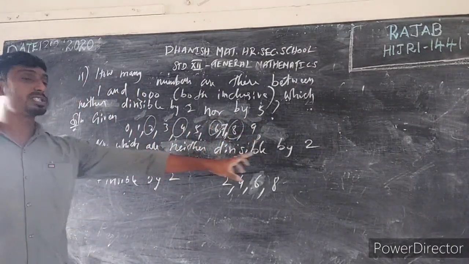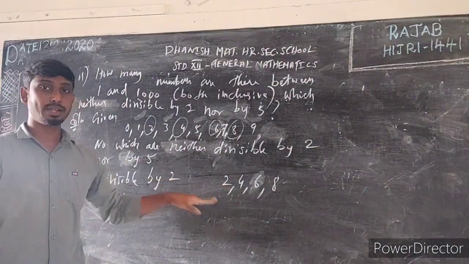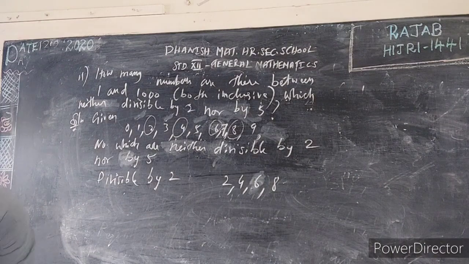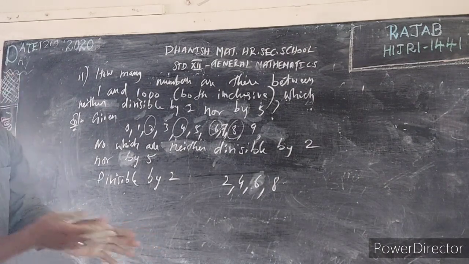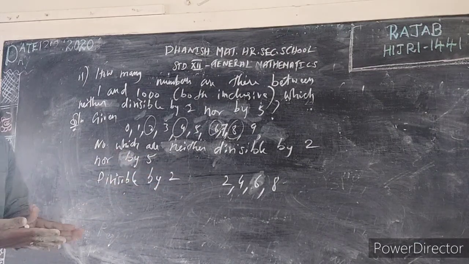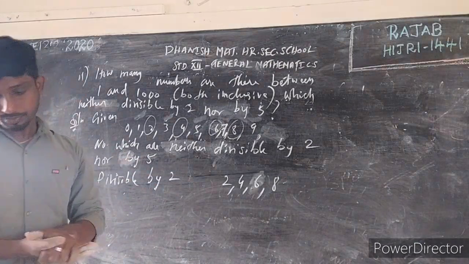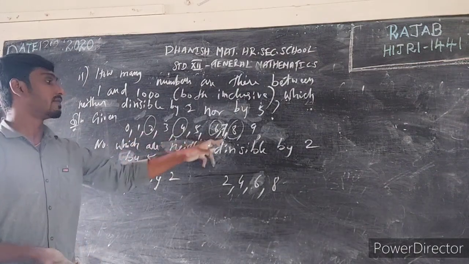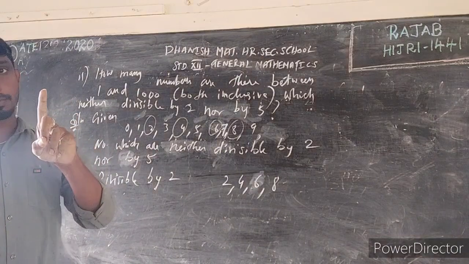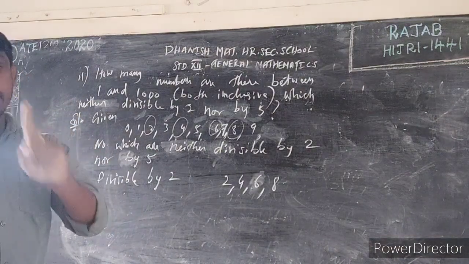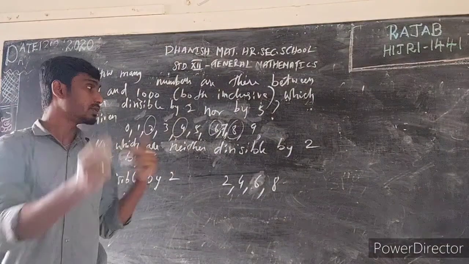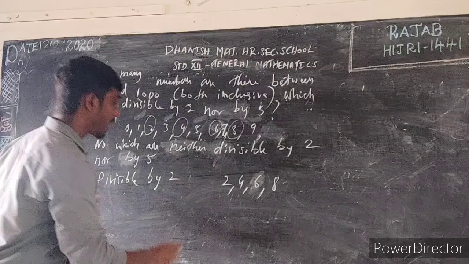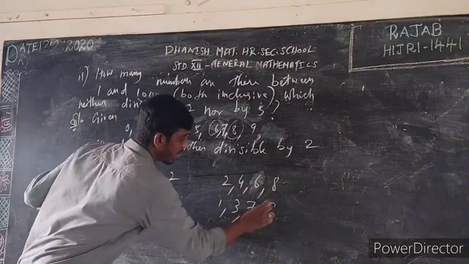Neither divisible by 2 means the digit is not 2, 4, 6, 8, and not divisible by 5 as well. So the one digit numbers which are neither divisible by 2 nor by 5 are 1, 3, 7, 9.